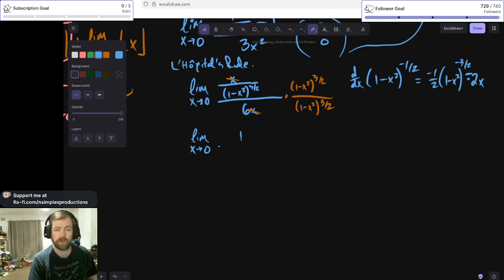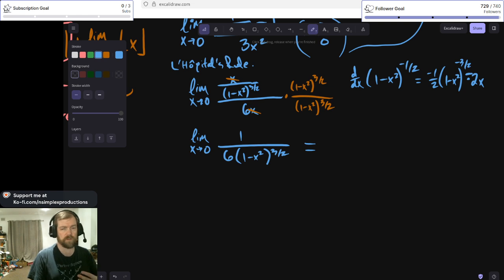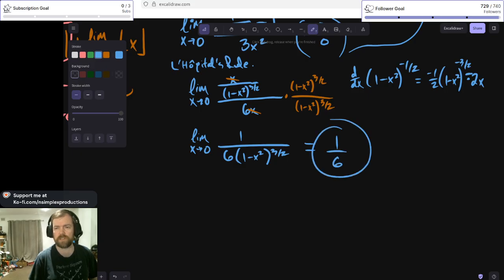So in the numerator, we just have 1. And in the denominator, now we have 6 times 1 minus x squared to the 3/2. When x is 0, this is just going to be able to get plugged in. So now we just get 1 raised to the 3/2 is still 1 times 6. So now we get 1/6.